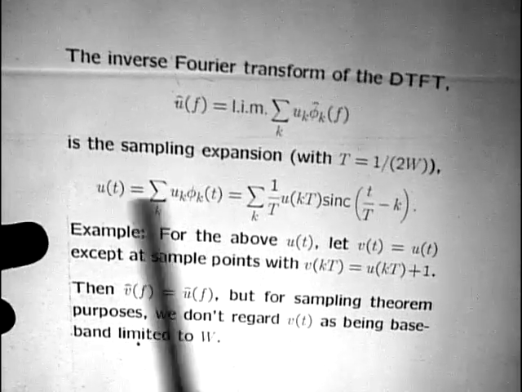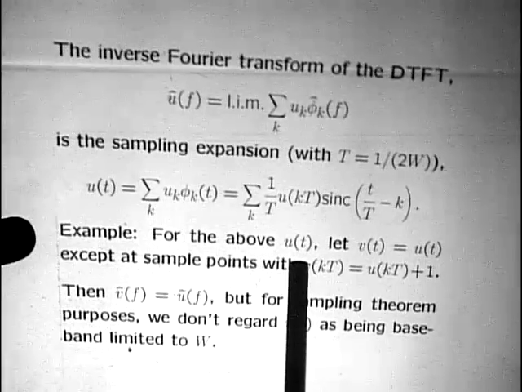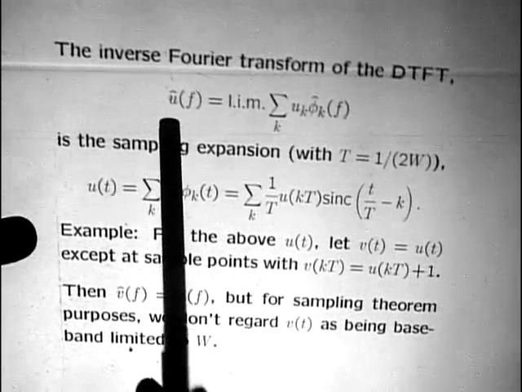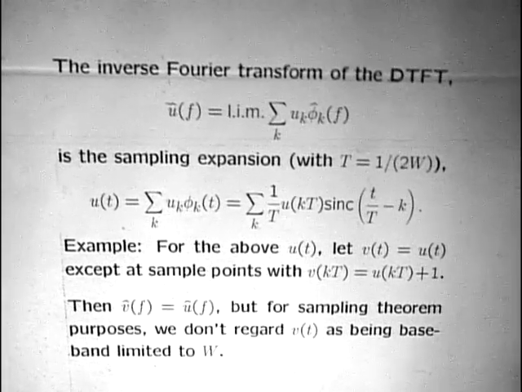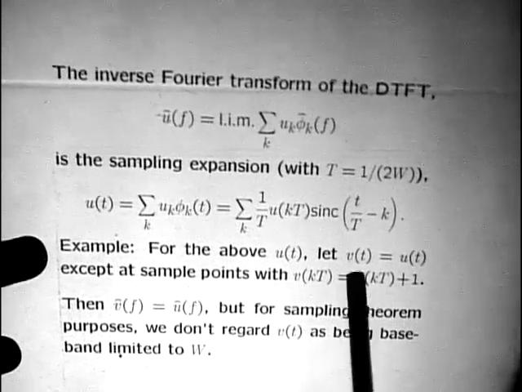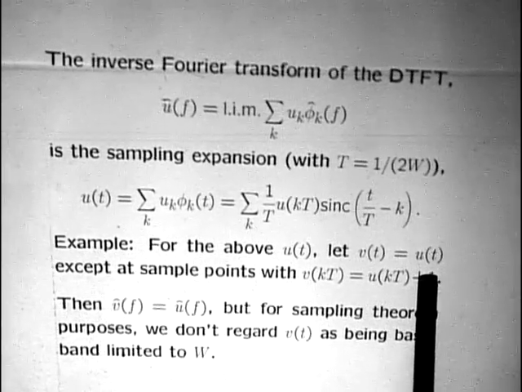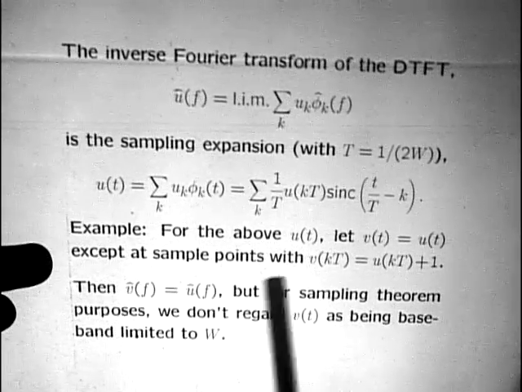Okay, so now if we want to try to understand what this means, suppose that you take a function u of t, which is in fact the inverse transform of this u hat of f, which is truncated to a finite band limit. If we then take v of t equal to u of t everywhere except on the sample points, and on every sample point we simply add 1.